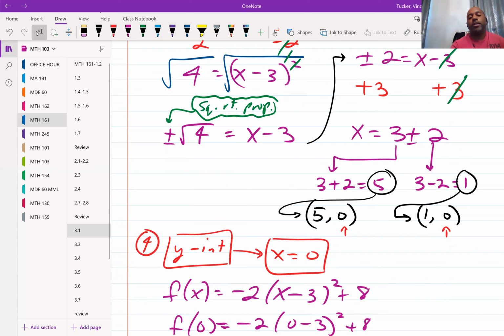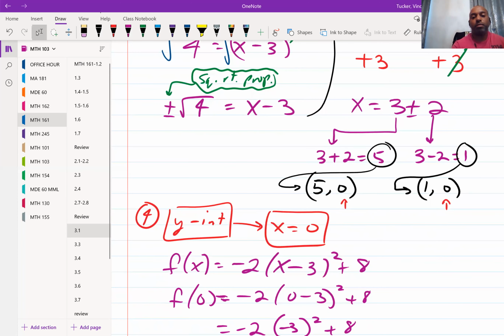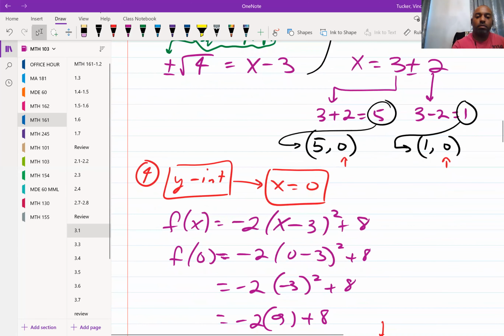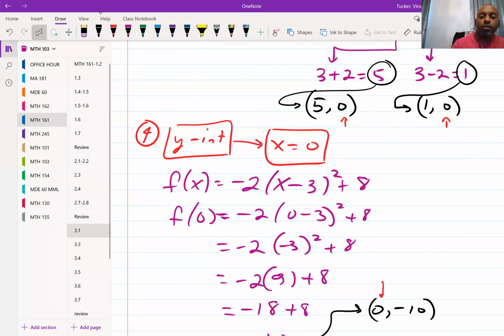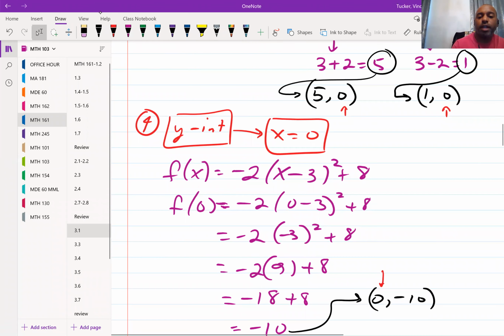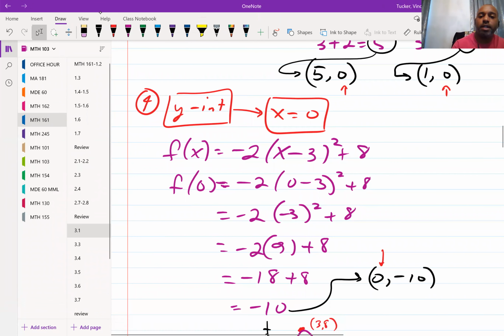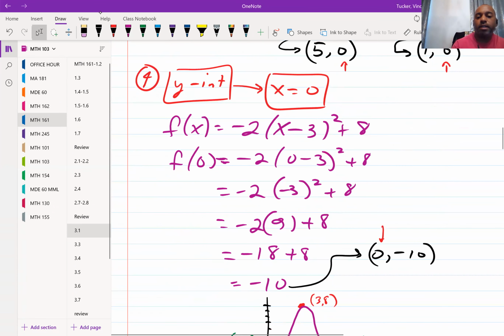All right, so for y-intercepts, we let x be equal to 0. So you plug in 0 for x wherever you see x in the problem. And that's what we did right here. So that's -2 times (-3) squared plus 8. (-3) squared is 9. -2 times 9 is -18. -18 plus 8 is -10.